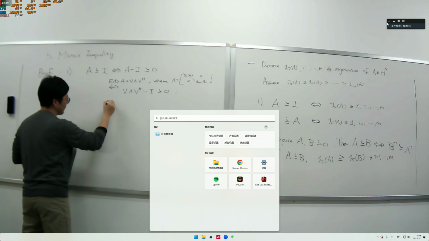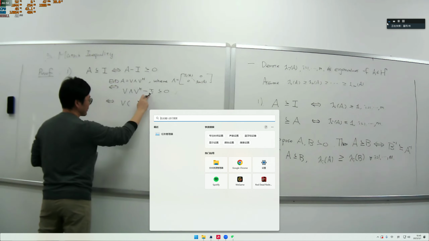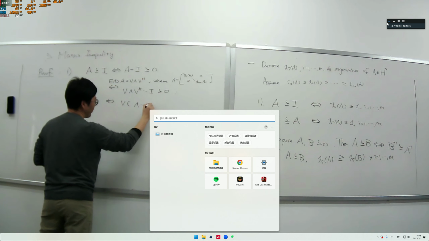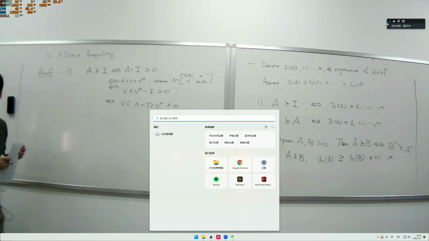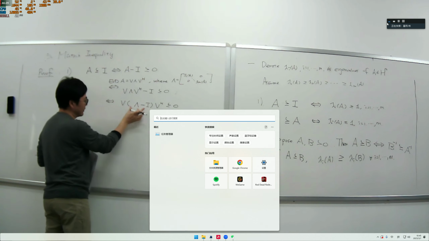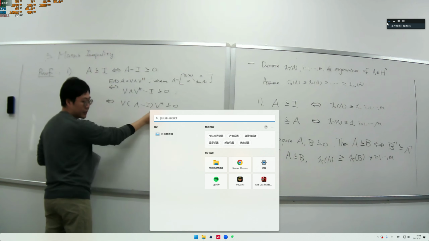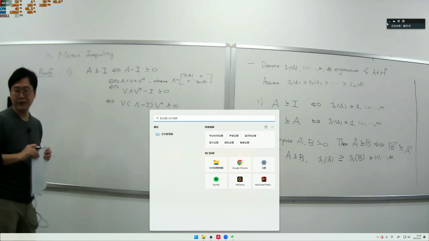Then we have used this trick before, right? Because VV Hermitian is identity, we can replace this identity by VV Hermitian. Now, if you recall our transformation property, this is like A, B, B Hermitian, and here V is unitary, so it's square and invertible, right?